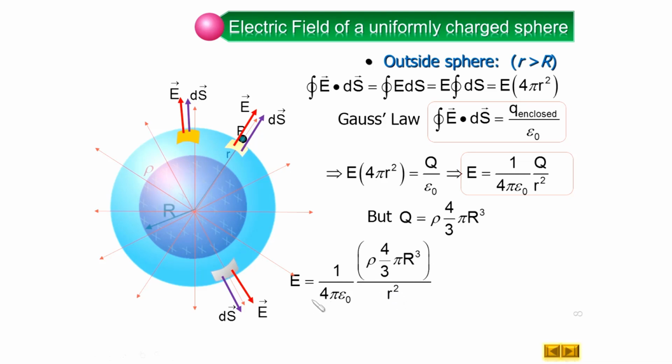Now you can observe this 4 pi and 4 pi will get cancelled. Now we are left with E equal to rho multiplied by R cube divided by 3 epsilon naught r square, right? You can observe here this electric field is inversely proportional to r square, correct?